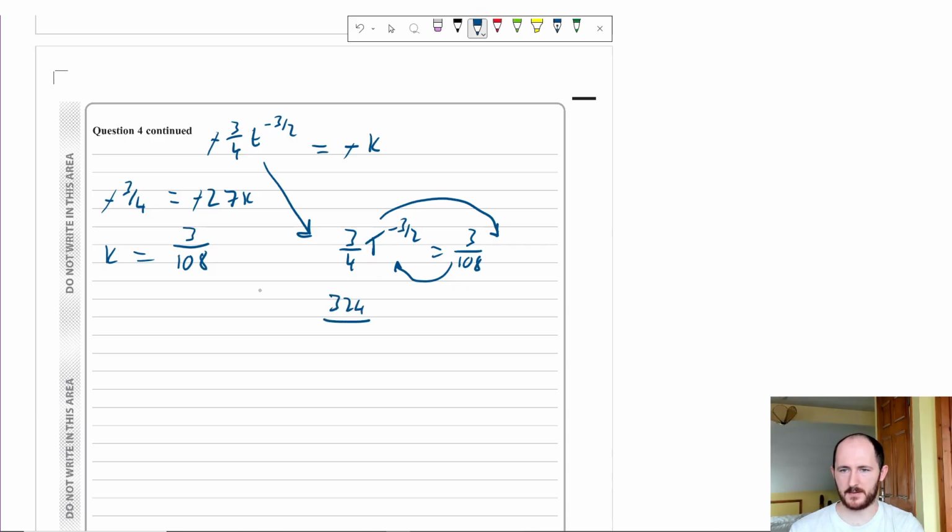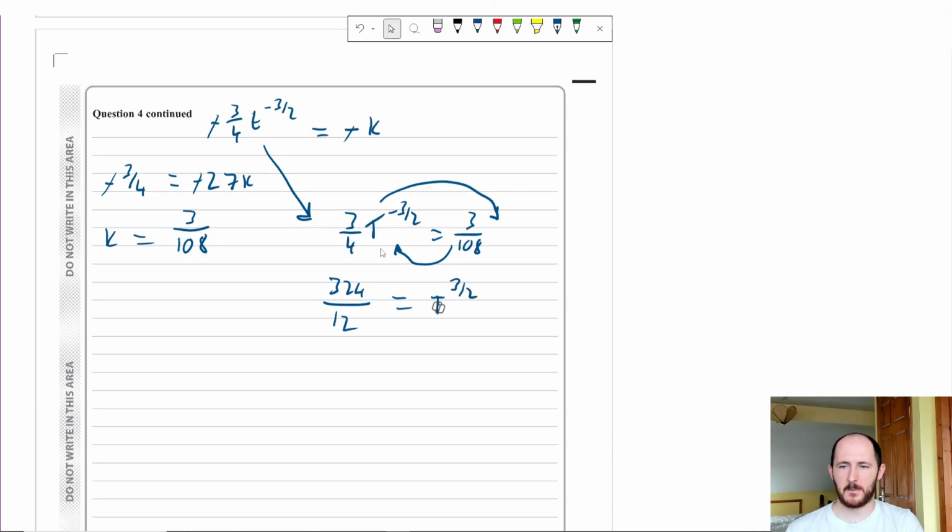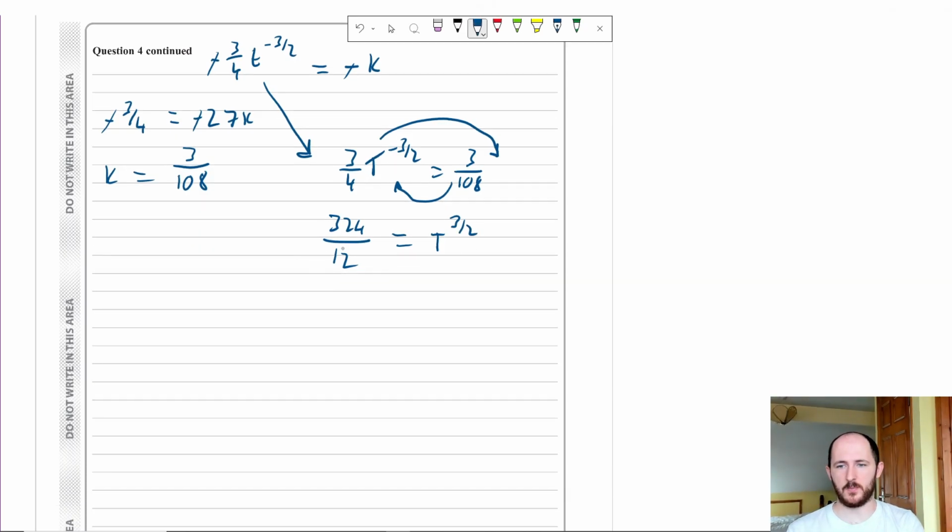Divide both sides by 3 over 12 equals, when I move this up, I'm timesing both sides by t to the power of 3 over 2, so I get t to the power of 3 over 2. Then I'm going to square both sides, then cube root. So I'm going to get 324 over 12 squared, then cube rooted. Then cube rooted gives me t. And that gives me my exact value, which is why I like doing it.